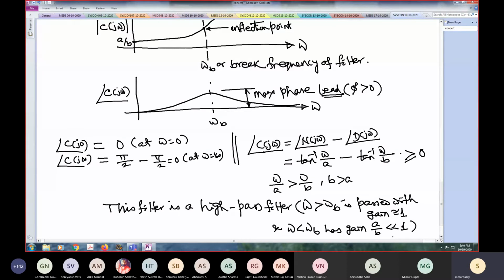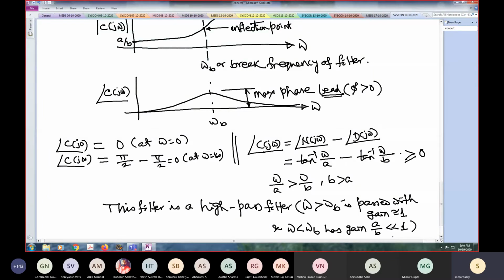So any frequency below that break frequency of the filter, or so-called cutoff frequency of the filter, the amplitude of the signal will be reduced, and anything above that frequency will be passed as it is with almost a single gain, one gain. So what happens if you have a signal mixed up with a lot of frequencies, and you pass it through this filter?